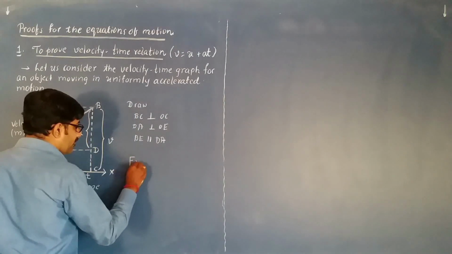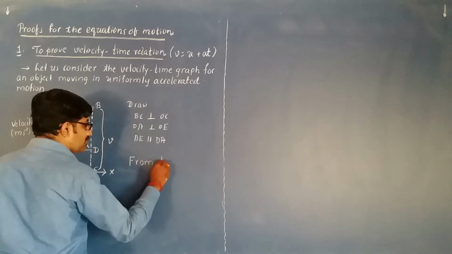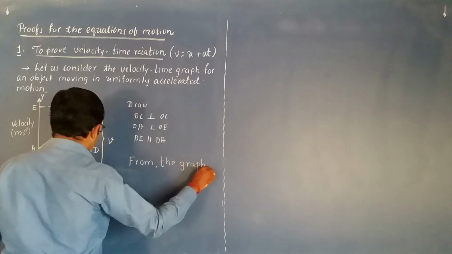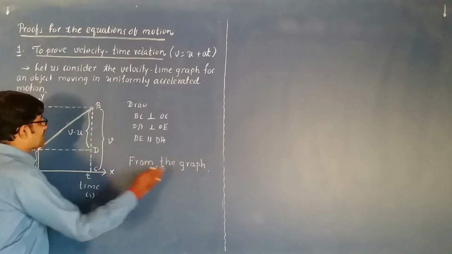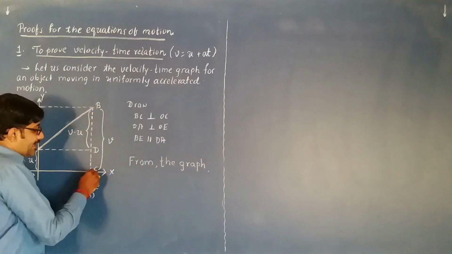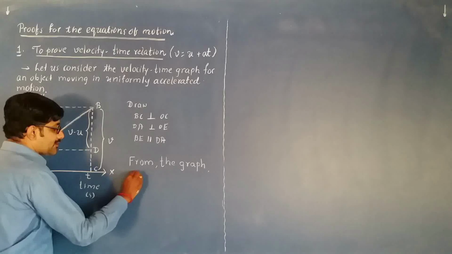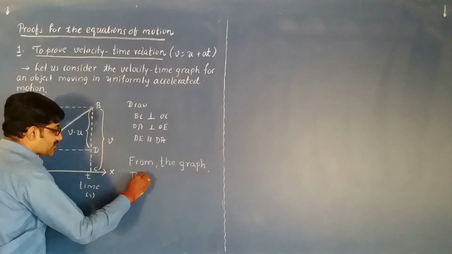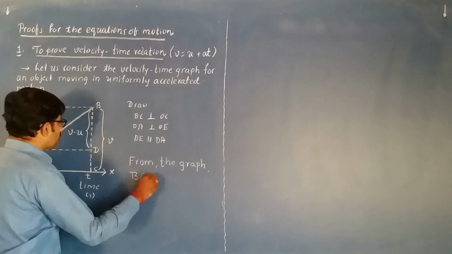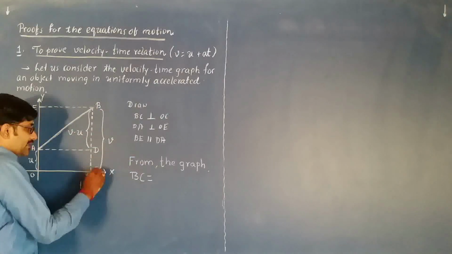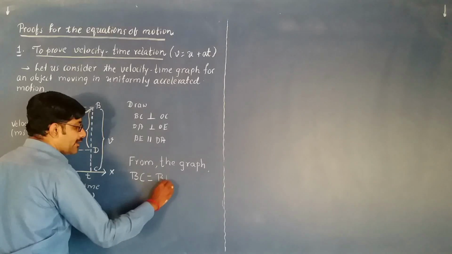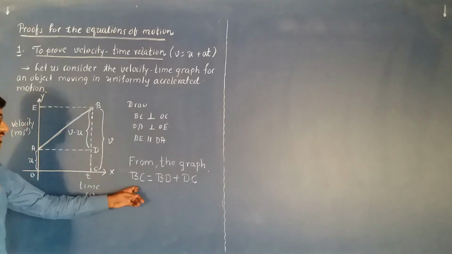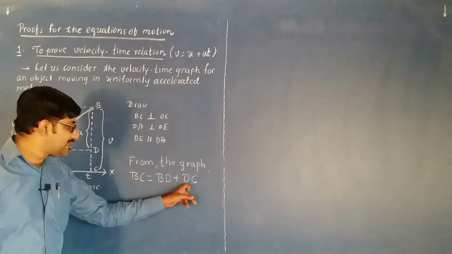From the graph, as I said, this BD can be written as this portion entirely. Therefore I am writing first BC, which is equal to BD plus DC. How?